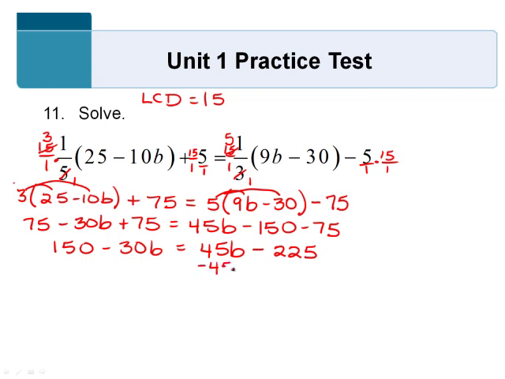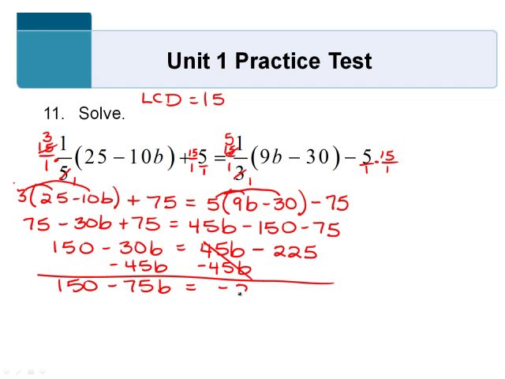Okay, to the left, to the left. So I'm going to subtract 45b, and I have 150 comes down, minus 75b, because you have to add there, equals a negative 225. Okay, so it's getting there. Now get rid of the constant on the left. Get rid of the 150, so subtract 150 from both sides, minus 150.